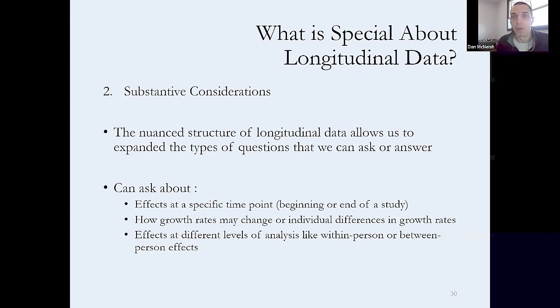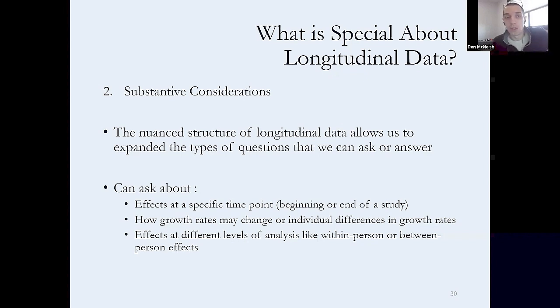So maybe we have an intervention and we want to know at the end of the study, how are two time points different from each other? That might be a little hard to specify in a regression, but in the models we'll talk about here, that's fairly easy to specify in a way that gives us that quantity as a direct estimate that we can talk about explicitly.